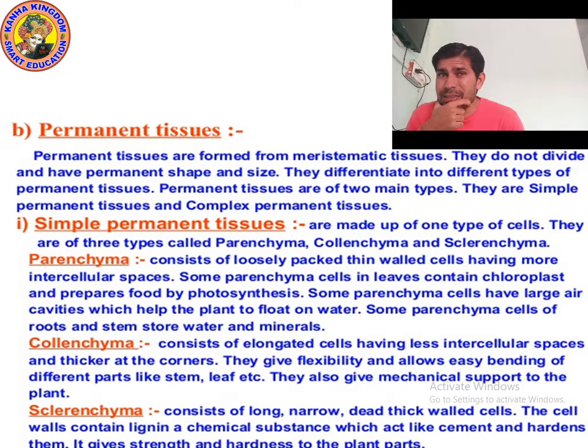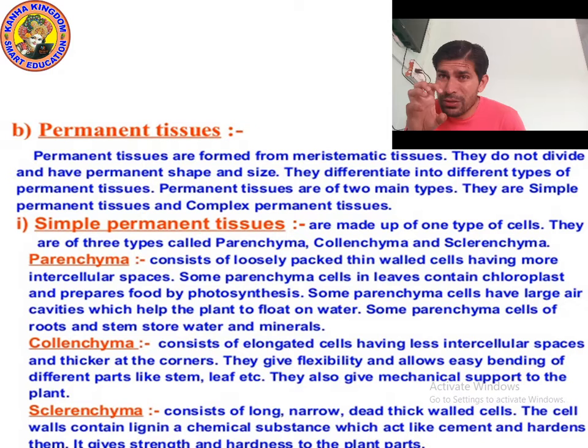What is the work of sclerenchyma? They provide strength and hardness, and their cell wall is thick. One more point: the cell wall contains a chemical substance known as lignin.